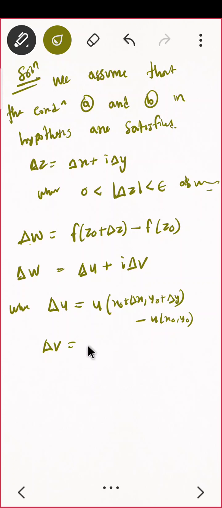And delta v is v of x naught plus delta x, comma y naught plus delta y, minus v of x naught y naught. What was your function f of z naught plus delta z? The coordinate will be x naught plus delta x, y naught plus delta y, and that's it. Real part minus real part, so you have this minus u of x naught y naught, and this. Do you agree with this?